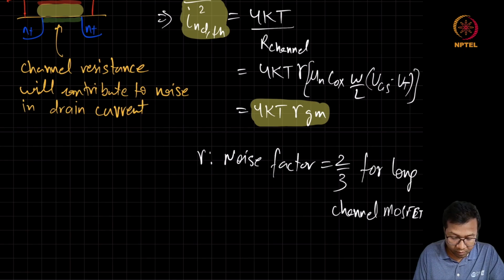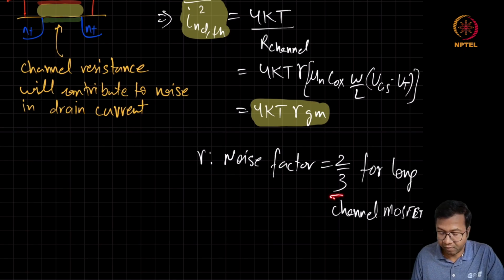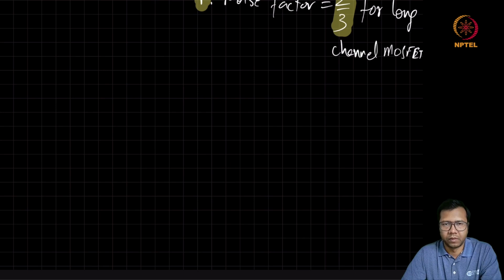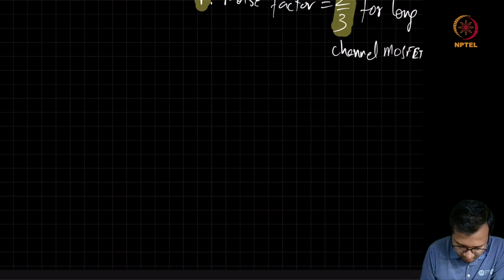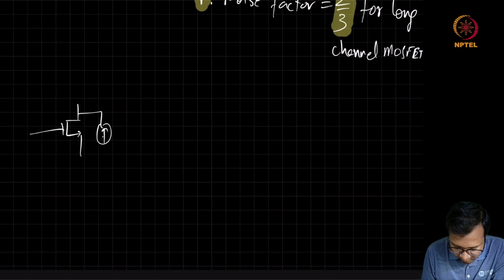As we go towards more advanced technology, where the channel length becomes shorter and shorter, this number is found to increase, and for many processes it is almost equal to 1. The noise in a MOSFET can be modeled as a noise current in parallel to the drain source current.